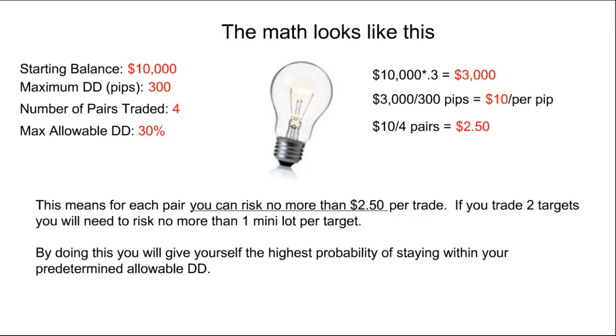Don't really want to lose $200. So you got to be careful. You got to make sure that what you're saying you're willing to accept as a drawdown is what you're really willing to accept, because the way you're going to set up your risk management is to ensure that you don't exceed that. Not that you don't hit it, not that you don't come close, but that you don't exceed it.